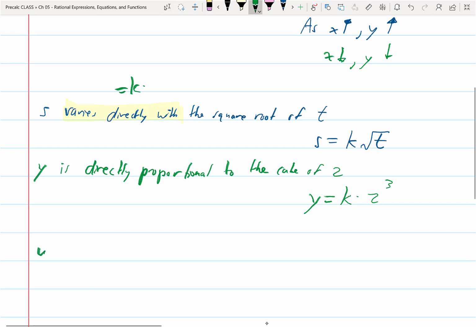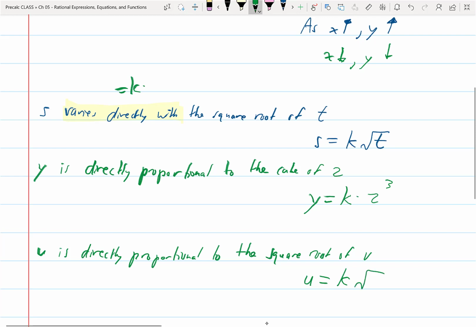We can also say something like u is directly proportional to the square root of v, which is another way of saying u is equal to some constant times the square root of v. So let's not forget that in each of these cases we have some constant k times it.